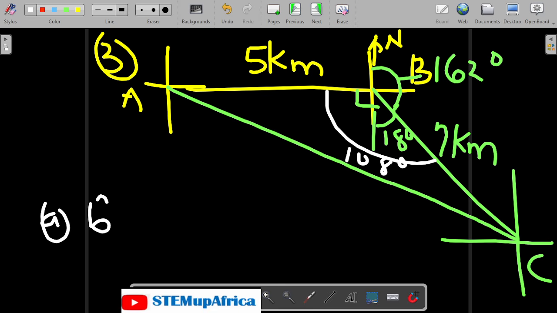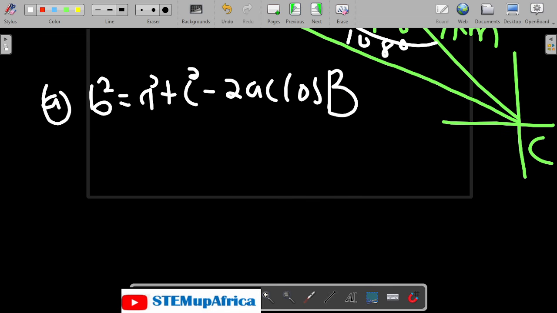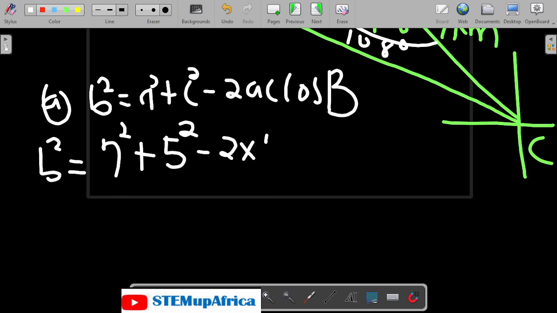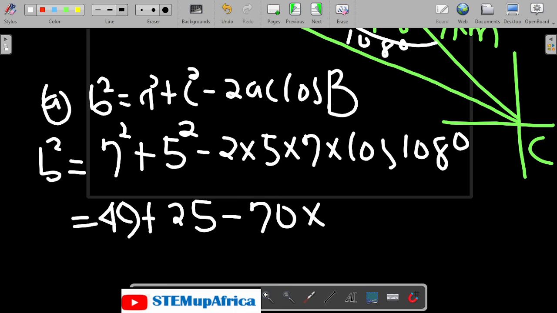So small b square will give us a square plus c square minus 2ac cos big B. If I do that, I have small b square now will give me 7 square plus 5 square minus 2 times 5 times 7 times cos 108 degrees, which is 49 plus 25 minus 70 times, what is cos 108?